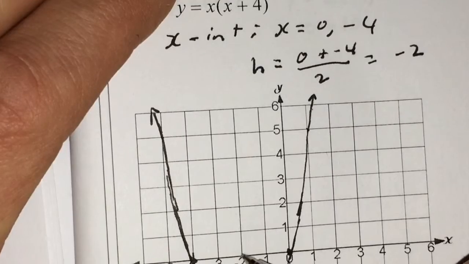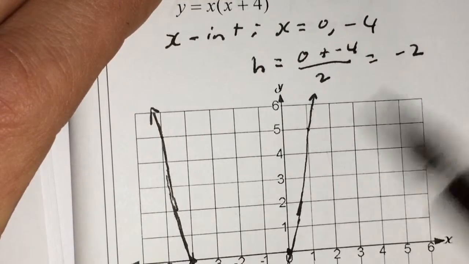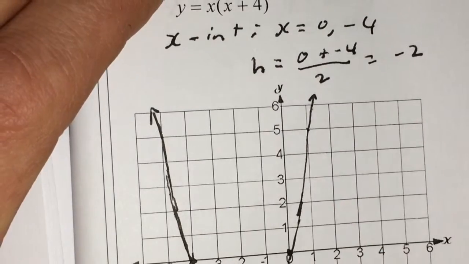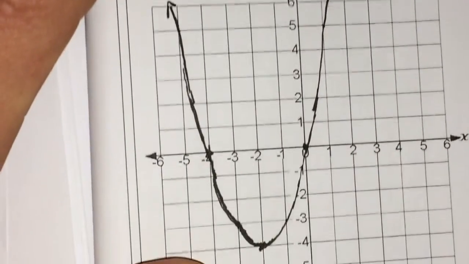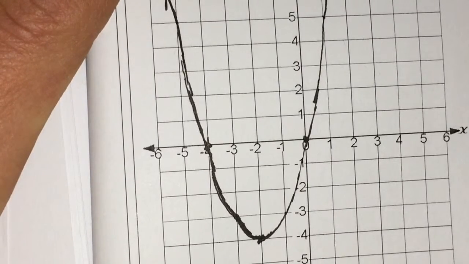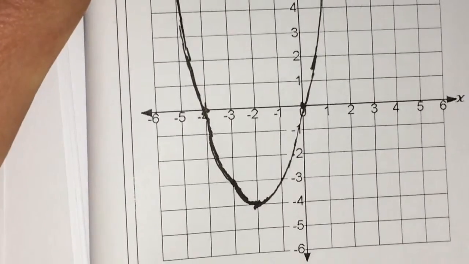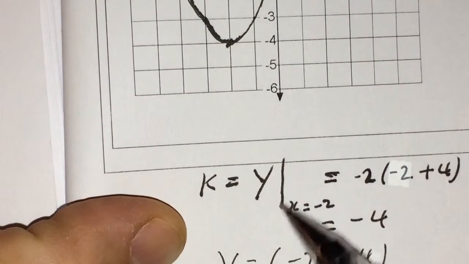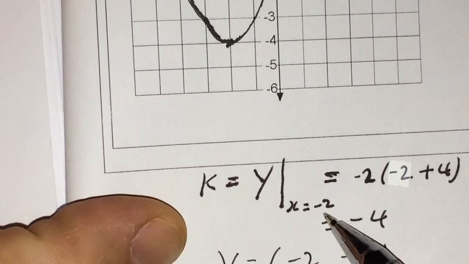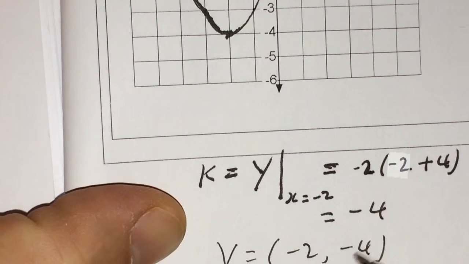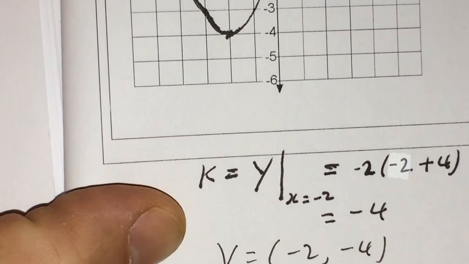Well, if I know x is negative 2 there, I sub that negative 2 in for x here, and I solve for y. It's just a point on the curve. So k is y evaluated at x equal to negative 2, and when you do that, you get negative 4. And the vertex is (negative 2, negative 4).